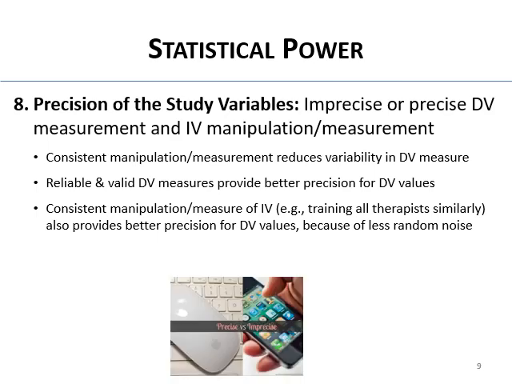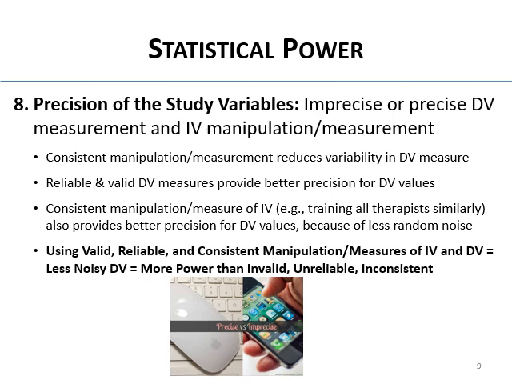So, like using a mouse versus using your fingers. So using more valid, reliable, and consistent manipulation and measures of the IV and DV equals less noise, and that gives you more power than things that are invalid or unreliable or inconsistent. So use validated measures for your DV and make sure you do the IV manipulation the same each time.